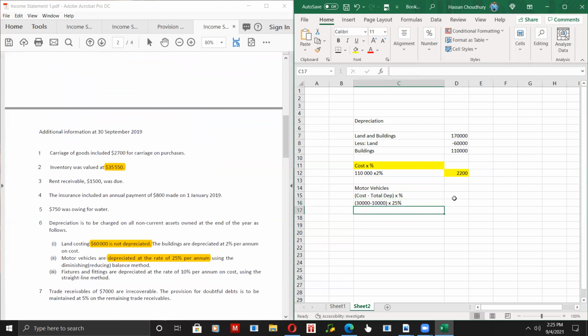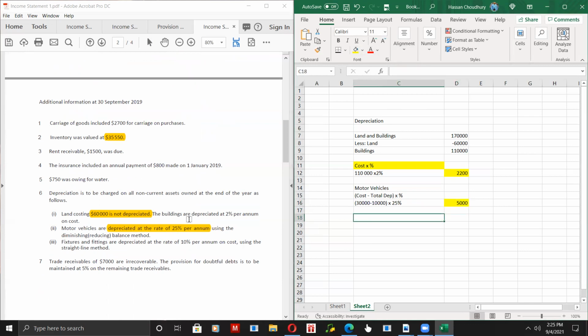So we get 30,000 minus 10,000 into 25%, which is 5,000. Okay. So 5,000 over here. And then we've got our fixtures and fittings.